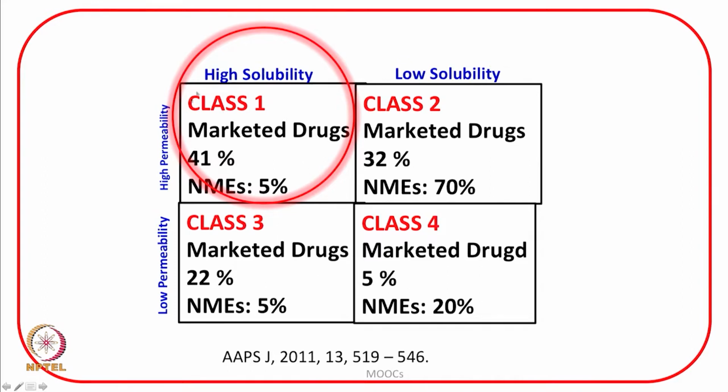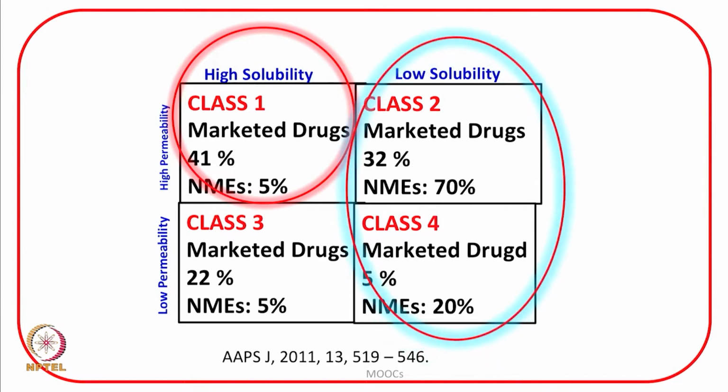This is a point worth noticing, that only 5% of the new molecular entities, the newly synthesized drugs, fall into the high permeability and high solubility category.